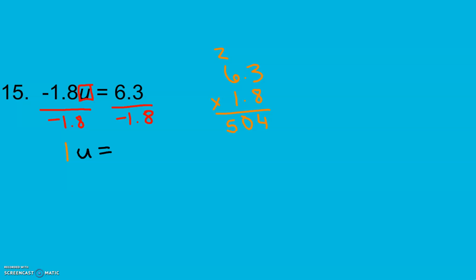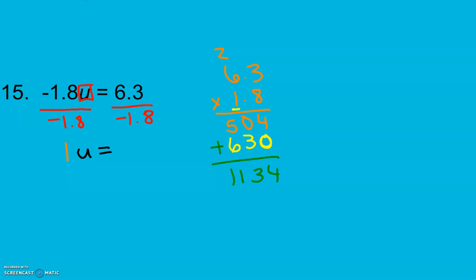Then remember we go over to the 1 and I put a 0 there. 1 times 3 is 3. 1 times 6 is 6. And that's because we moved over to the tens place. So this is actually like 10 times 3 gives me 30. Okay. We add those up. 4, 3, 1, 1 for the 11.